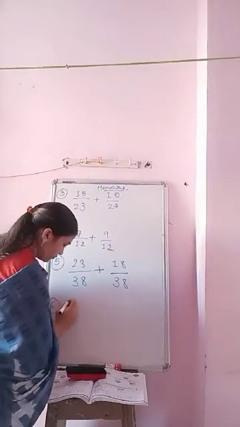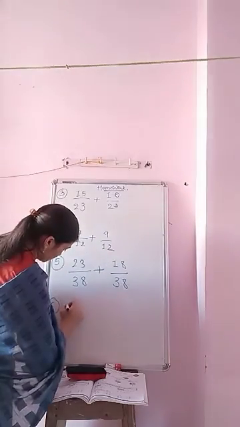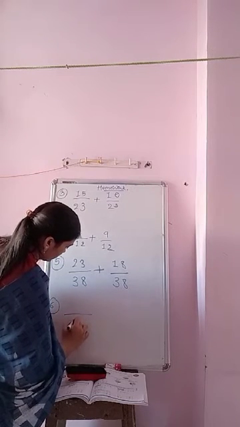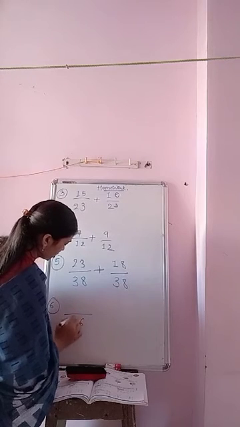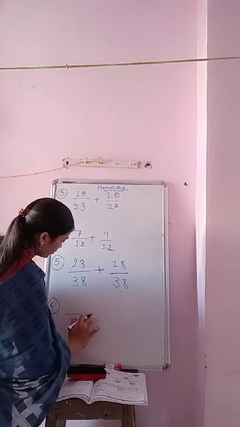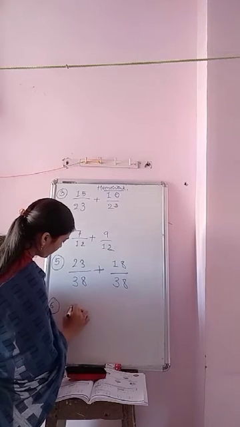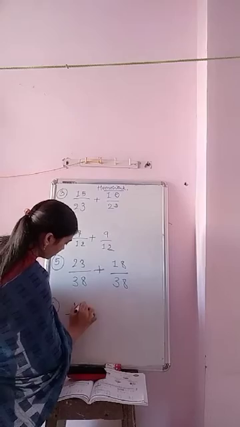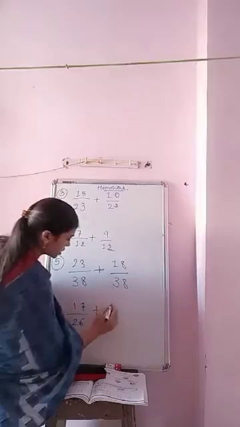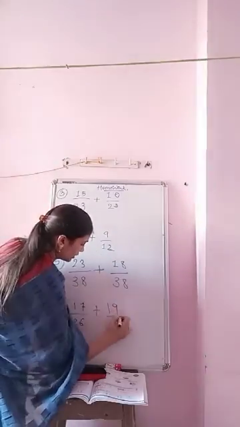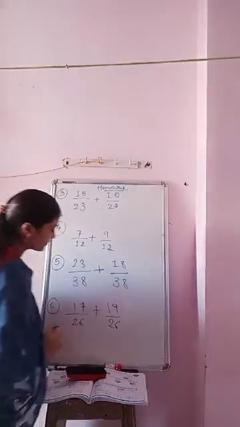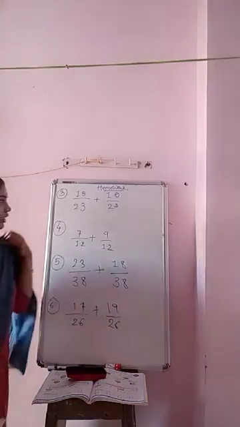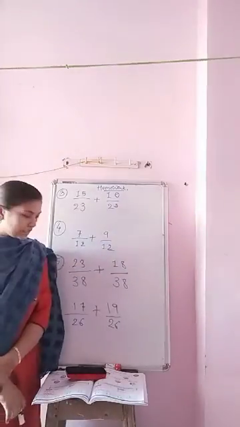Last one, 26 as a denominator, and in the numerator 17 by 26 plus 19 by 26. This is your homework, you have to complete it in your notebook after these two examples.